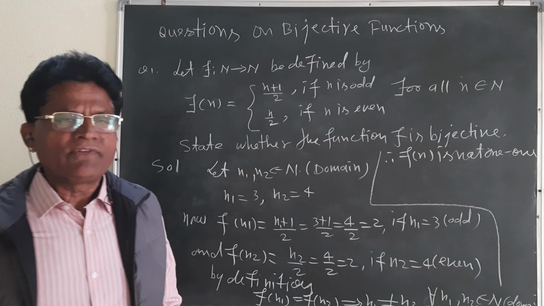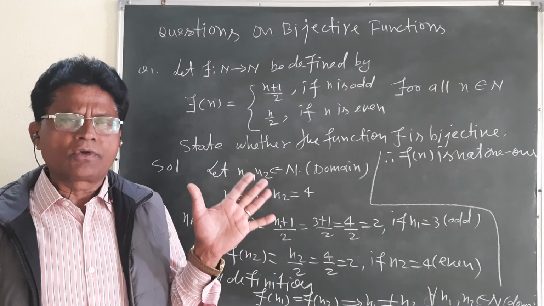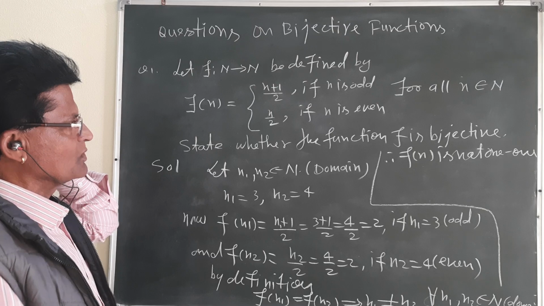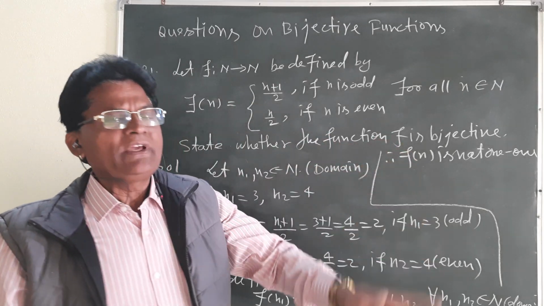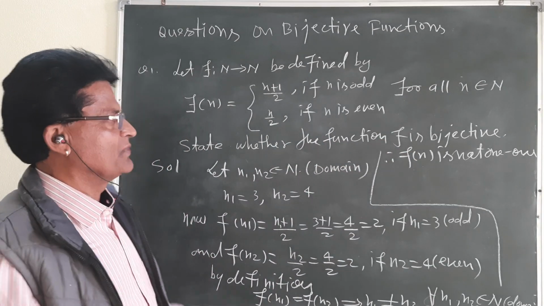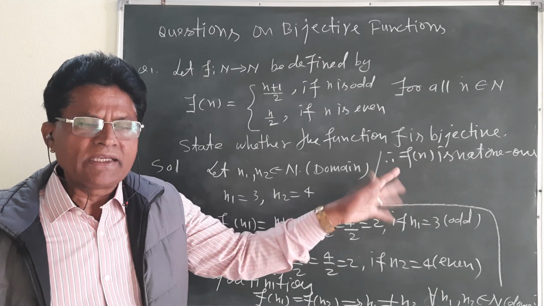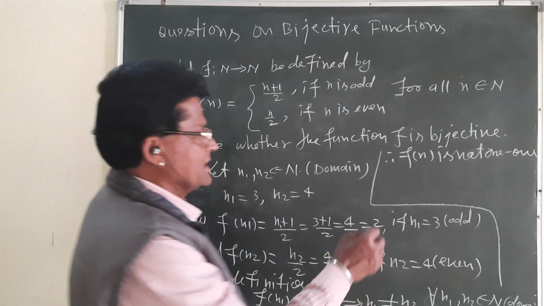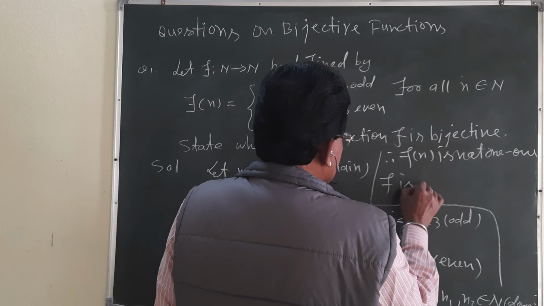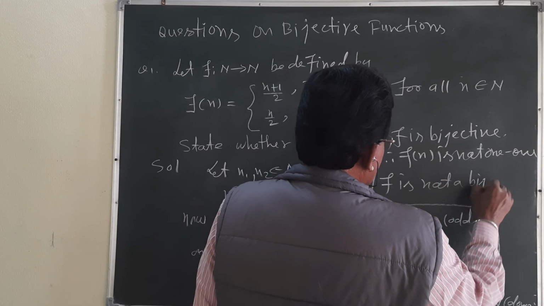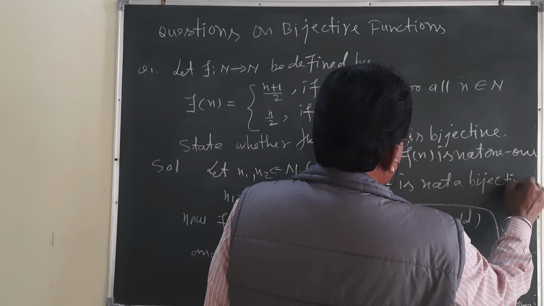If it is not one-one, then there is no need to go on to prove onto, because here it is given that you must prove that f is a bijective function. If it is not one-one, then naturally it will not be a bijective function. Hence, f is not a bijective function.